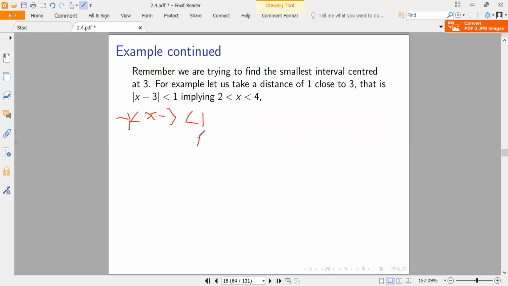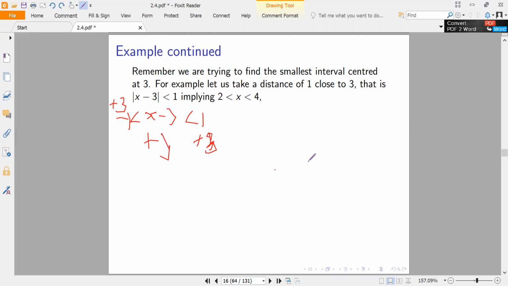If we add 3 on all sides, minus 3 plus 3 cancels, you're left with just x. 1 plus 3 is equal to 4, and 3 minus 1 is equal to 2. So basically, for the absolute value of x minus 3 to be less than 1, we need x to be between 2 and 4.